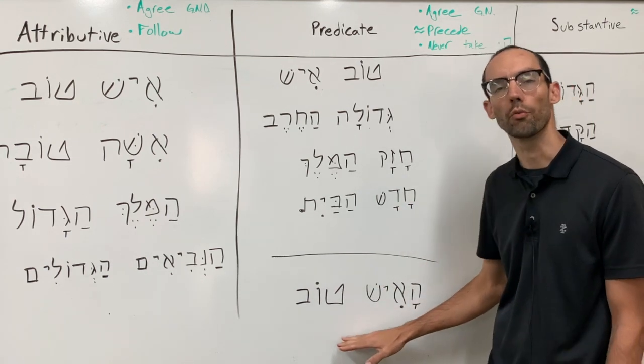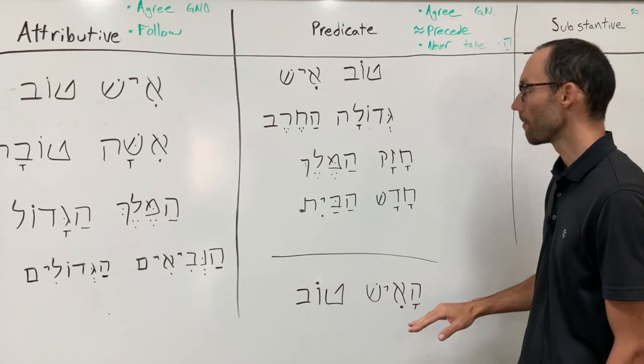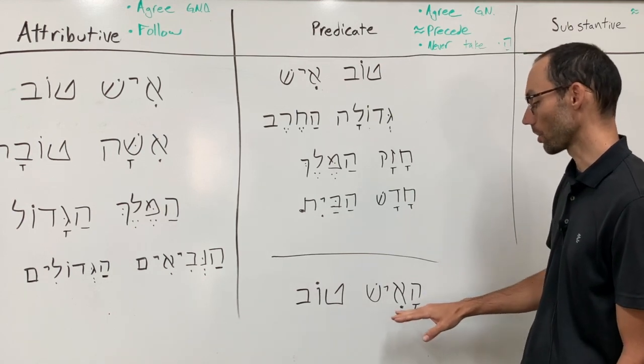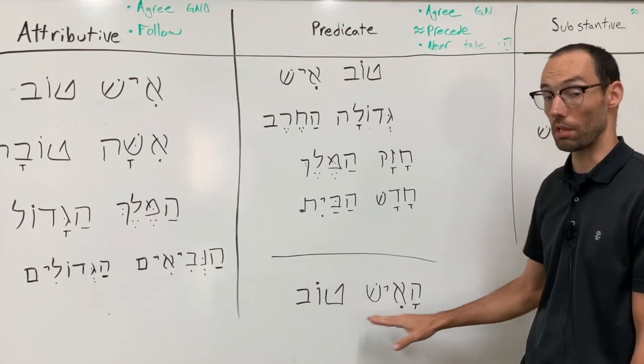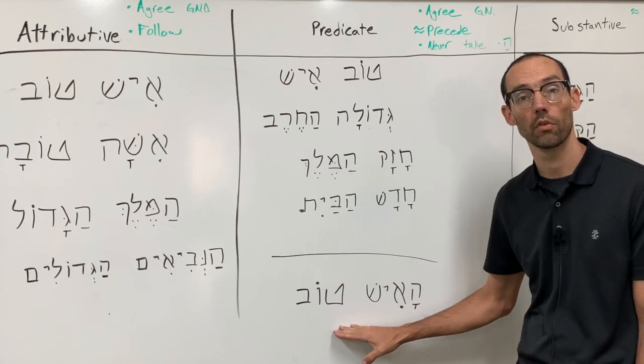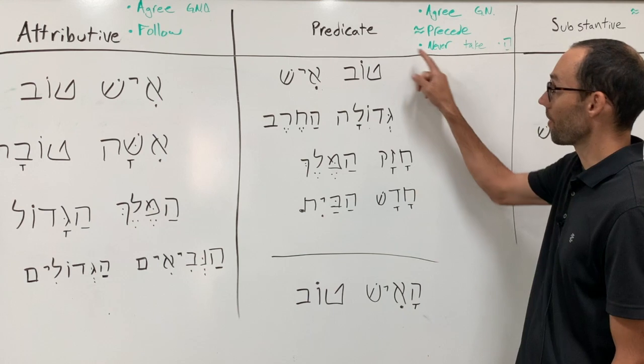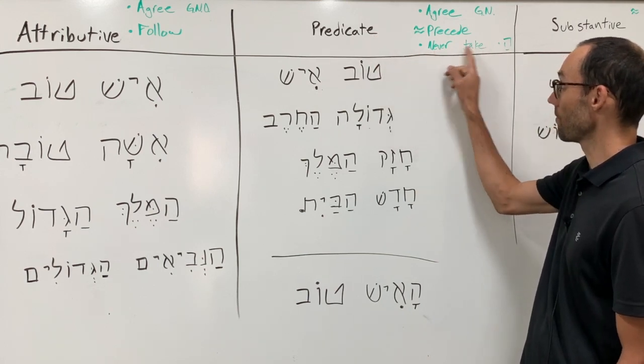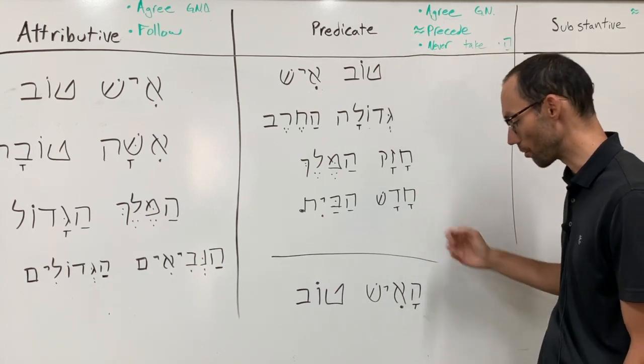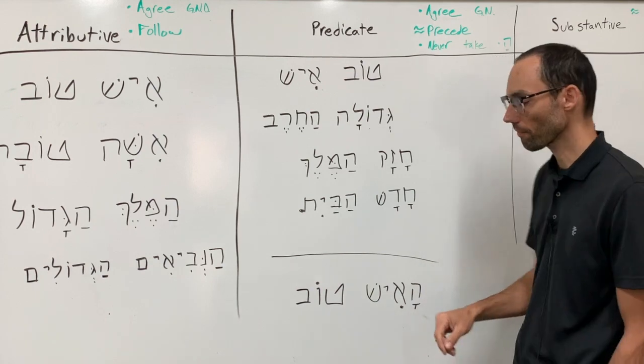Oh, this is one of those rare occasions where it's predicate position. So it's actually good is the man, is the translation here. Good is the man. So the fact that in predicate position, the adjective never takes the definite article, will be your clue in that situation.